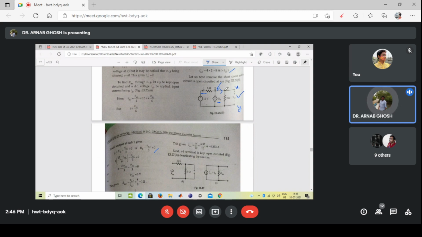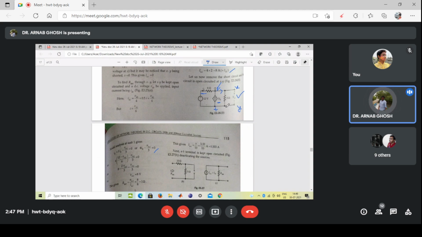So the voltage at this terminal is VOC. Let us say we have grounded this terminal, that is, both these terminals have been grounded.